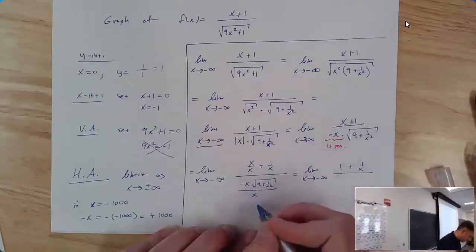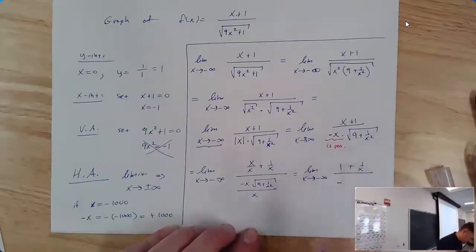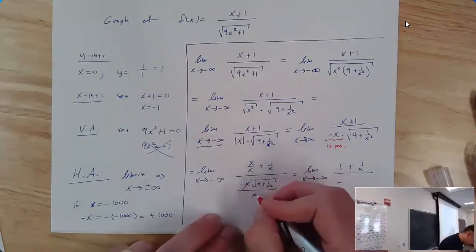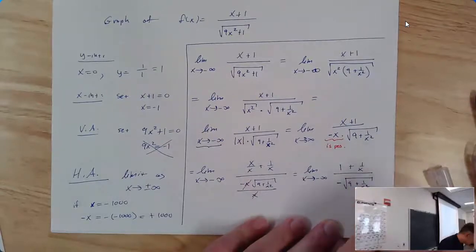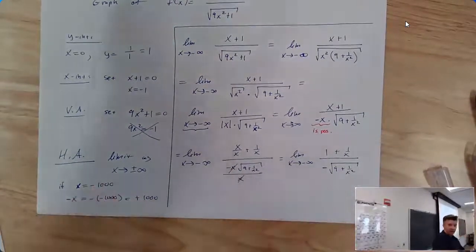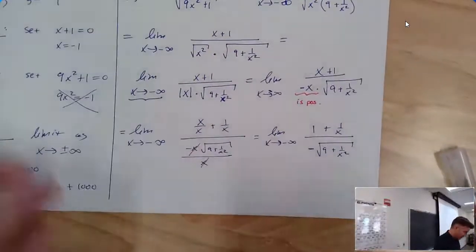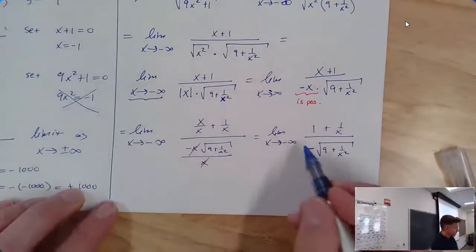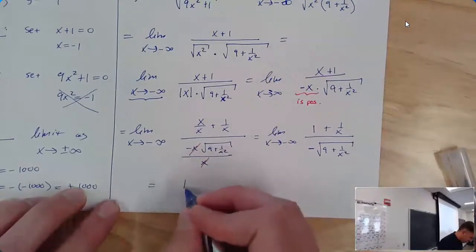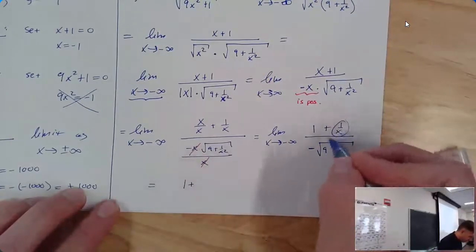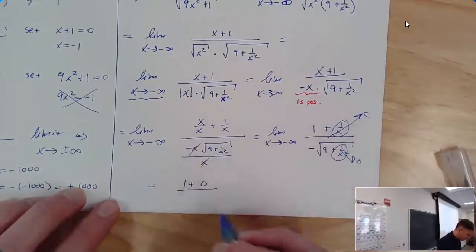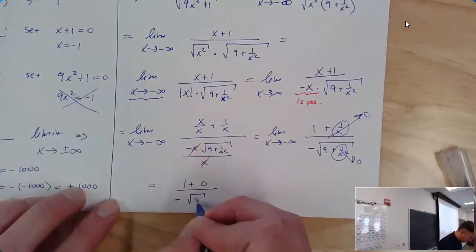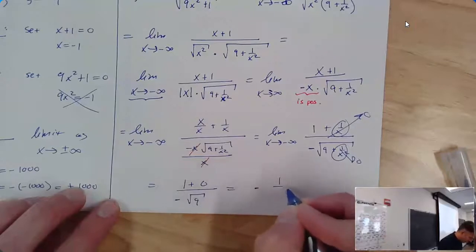And the x over x here cancels, so I'm left with a negative. Square root of 9 plus 1 over x squared. Now we're finally ready to find the limit. If x is going to minus big number, I get 1 plus, that's going to go away, and that's going to go away. So I get 1 plus 0 over the negative square root of 9, which is negative 1/3.